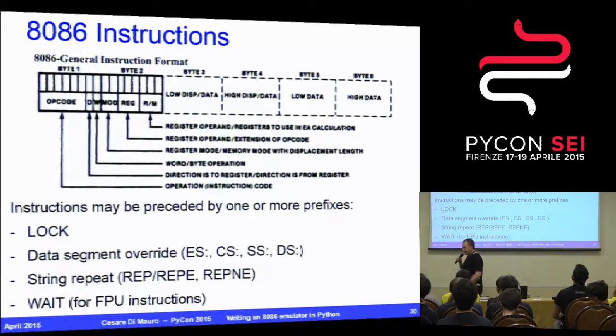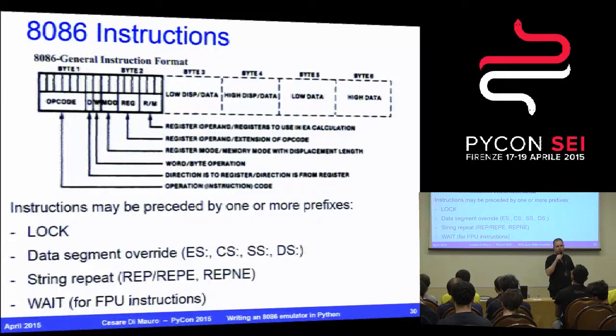Okay, now a little overview of the instruction format. How an 86 instruction is defined. We always have a single byte, the first byte, which is the opcode, which defines what we have to do with that instruction.